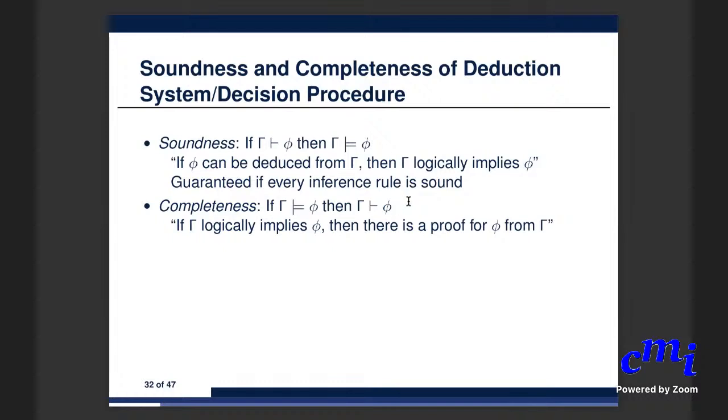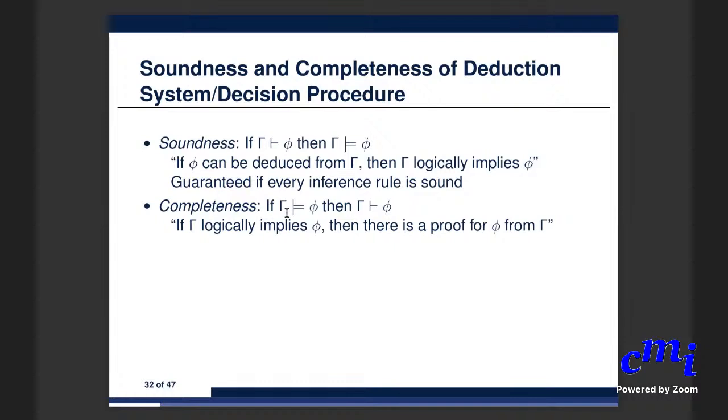That's what completeness says. Soundness is kind of a correctness, that proofs don't end up deriving false conclusions, whereas completeness is an attribute of a deduction system, that every consequence that is logically implied by a set of assumptions can be derived.